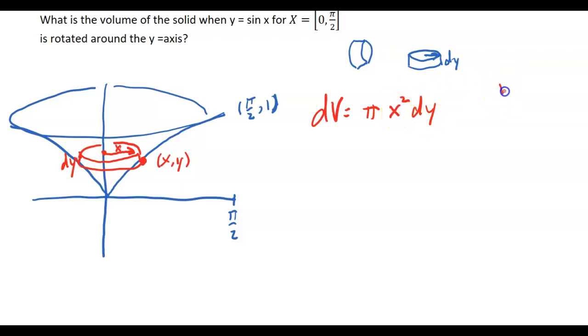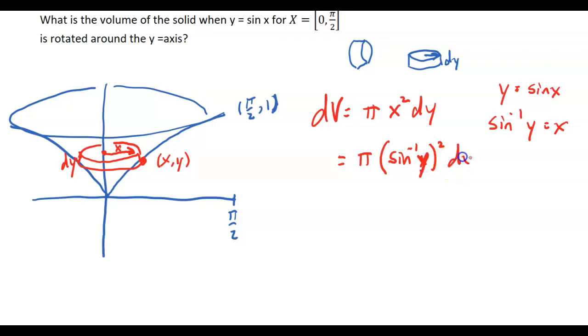Well, if y equals the sine of x, then the inverse sine of y is x. So I'm going to go pi times the inverse sine of y, squared, dy.